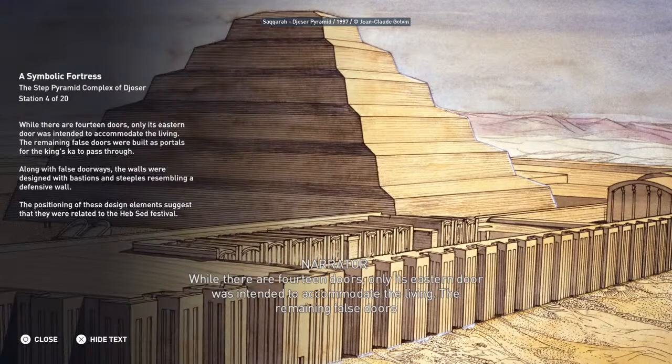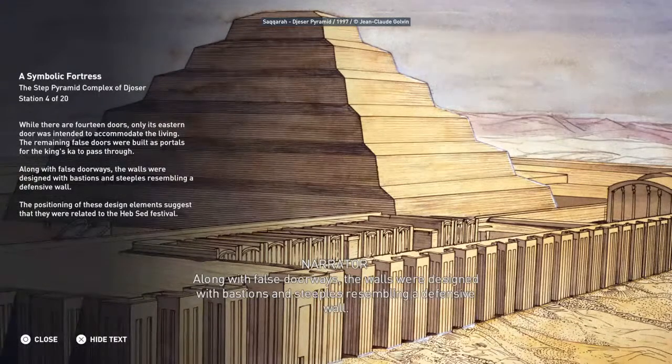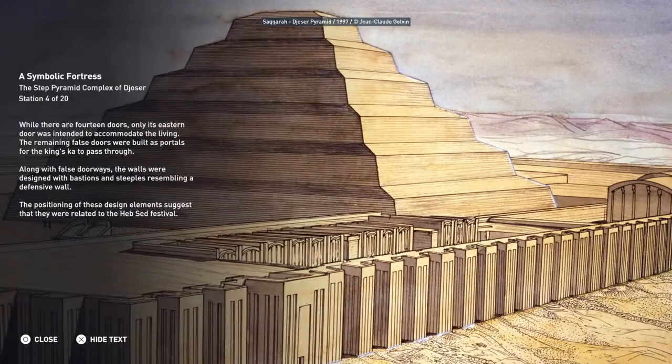The remaining false doors were built as portals for the king's ka to pass through. Along with false doorways, the walls were designed with bastions and steeples resembling a defensive wall. The positioning of these design elements suggests that they were related to the Hebsed festival.